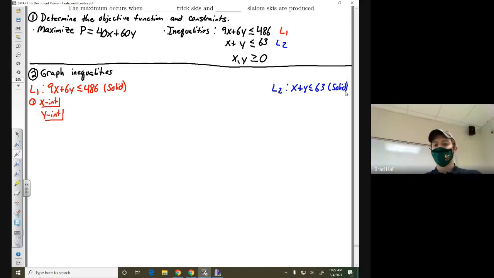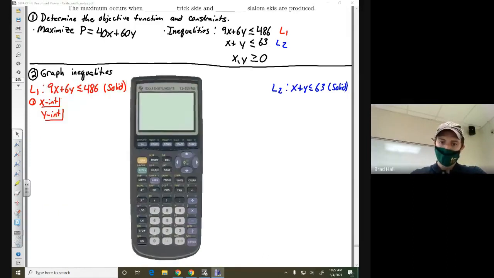I'll skip that part and just go ahead and find the x and the y-intercepts. Again, I have plenty of previous examples for how to find the x and the y-intercept. We figure them out here right fast. The x-intercept is going to be 54.